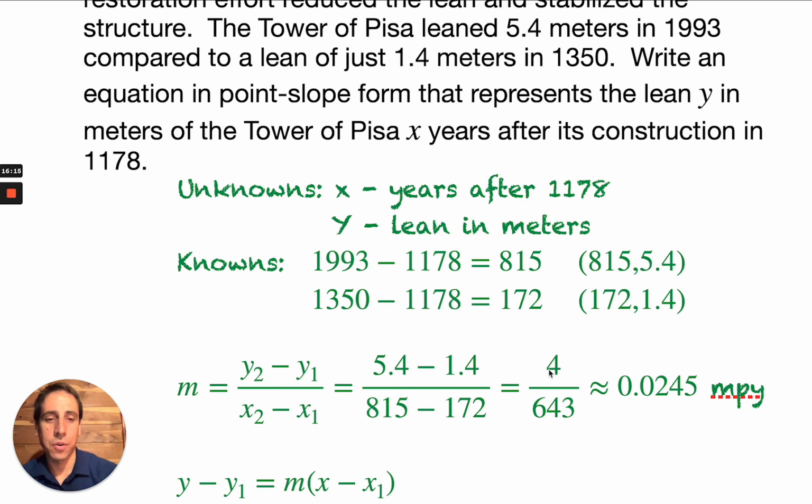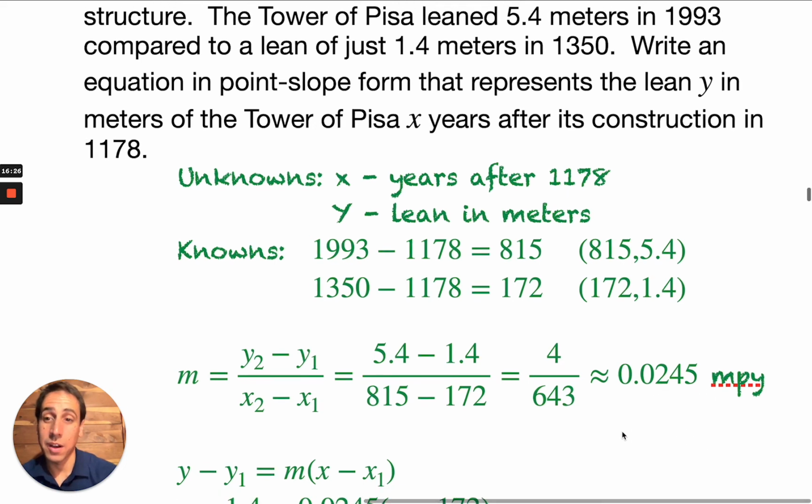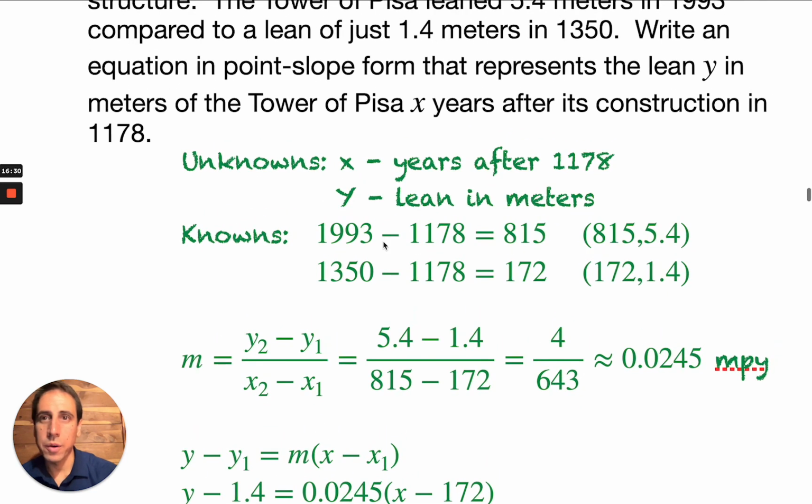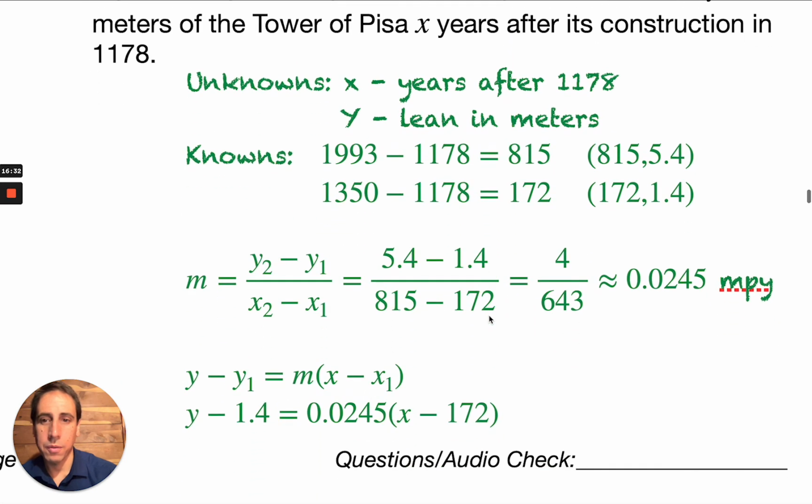So this is 4 divided by 643, and that's approximately 0.0245 meters per year, or 2.5 centimeters every year, which is tiny, but it adds up over the centuries. Write an equation in point slope form, and that would look like this. y minus y1 is equal to m times x minus x1. Slope, and then the point 172, which is x1, and then y1 is 1.4.